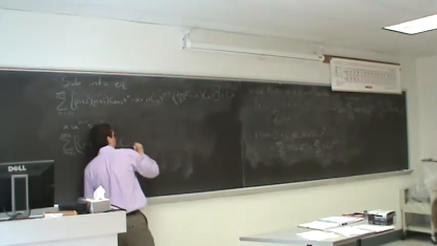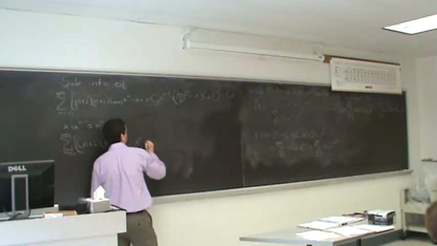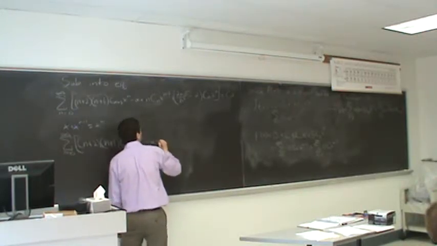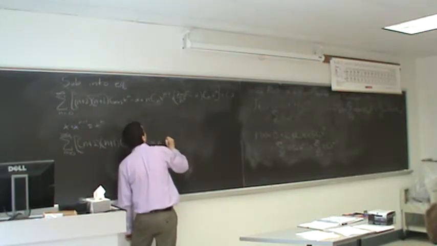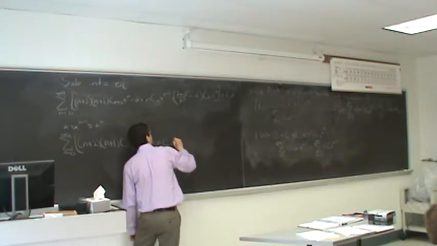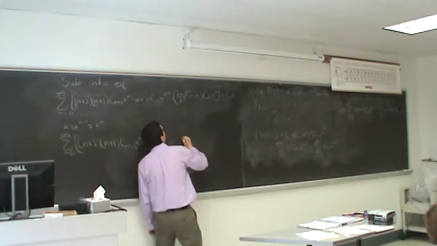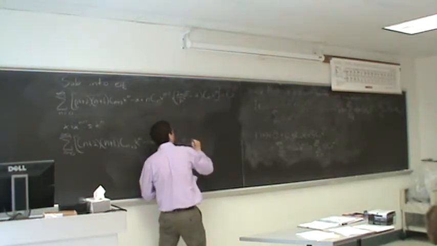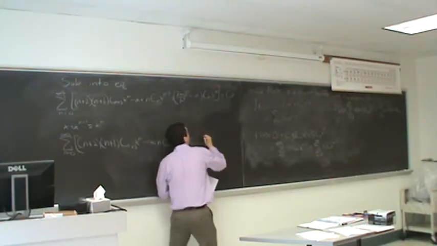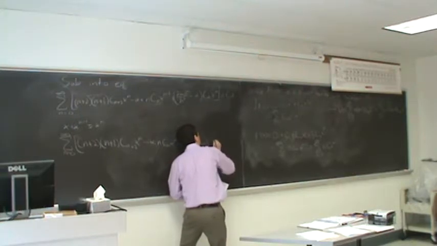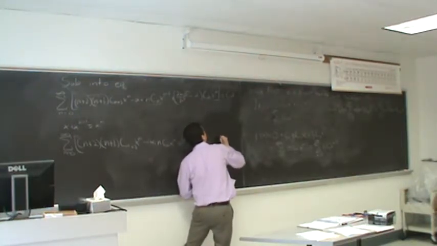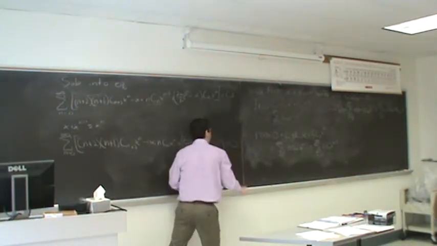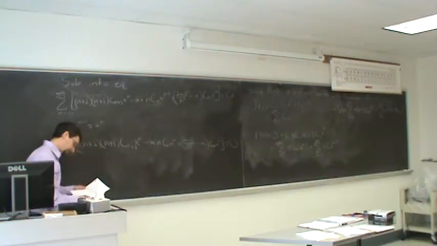c sub n plus 2 x to the n minus alpha n c sub n x to the n plus 2me over h bar squared minus alpha c sub n x to the n, all equal to 0. Okay.